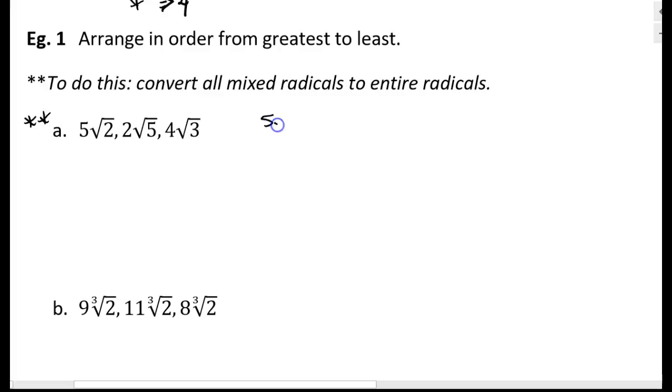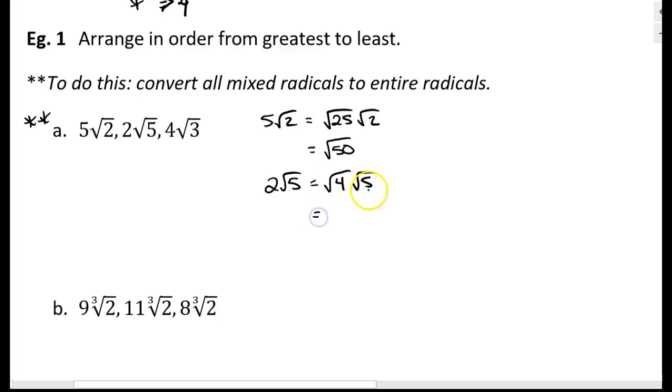So 5 root 2 is the equivalent of the square root of 25 times the square root of 2. 25 times 2 is going to be 50, and so I'm going to leave that one there. 2 root 5, on the other hand, is not the same thing. That's the root of 4 times the root of 5. And so that could be root of 20.